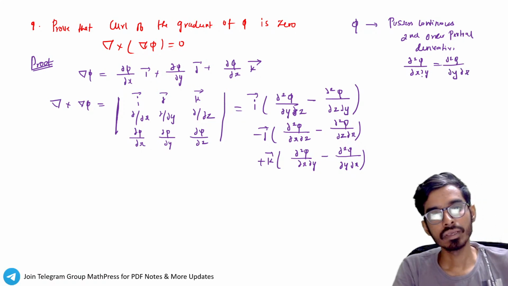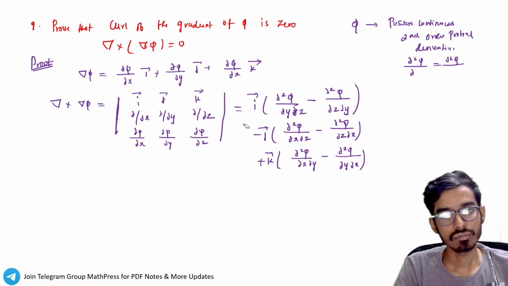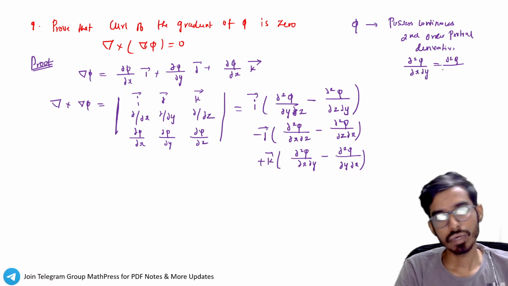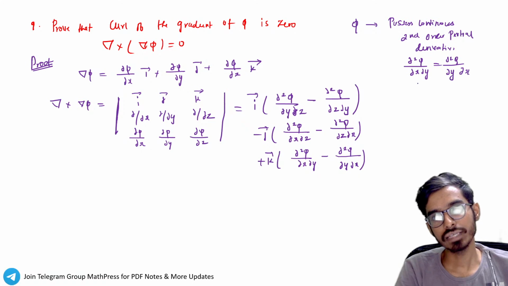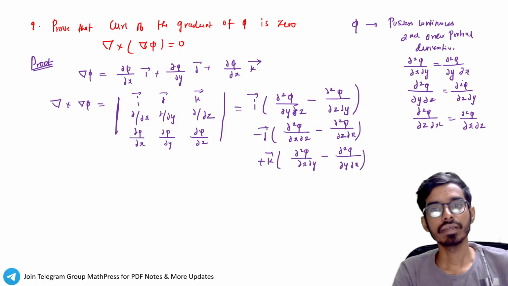Similarly, dou square phi by dou y dou z is the same as dou square phi by dou z dou y. Dou square phi by dou z dou x is the same as dou square phi by dou x dou z, right?